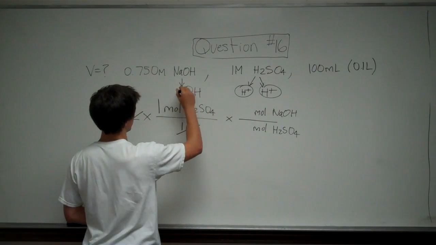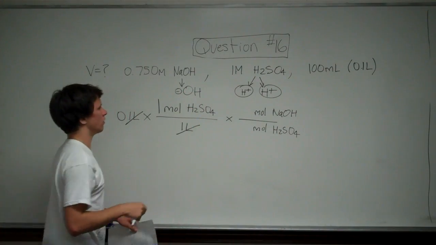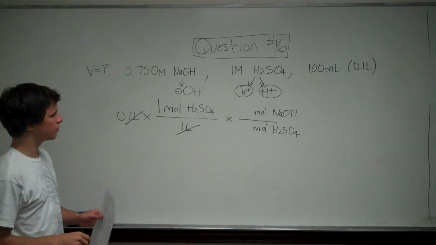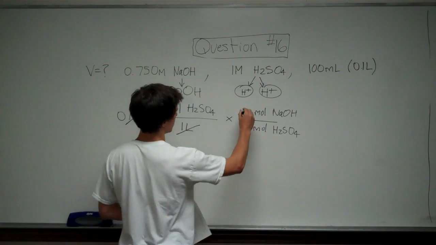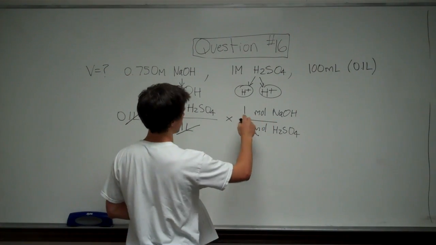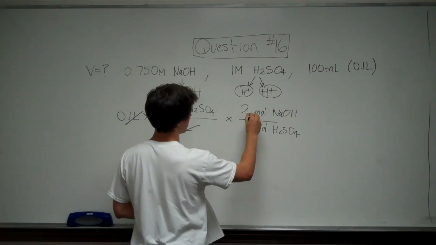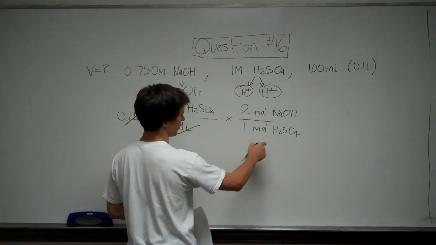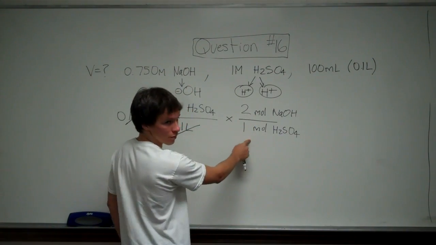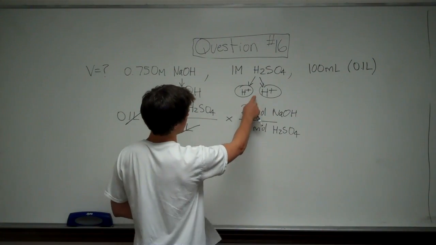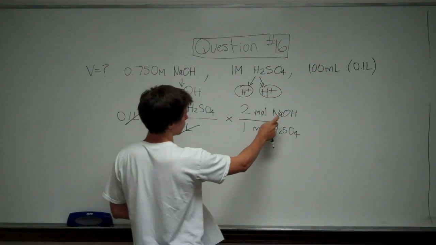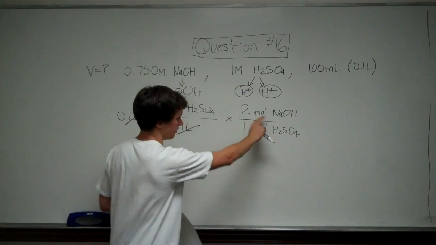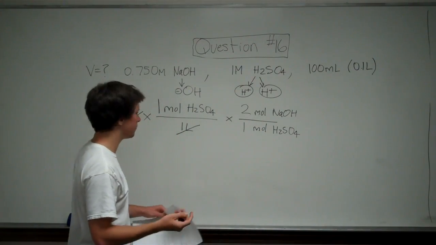So it's 1 OH. Okay? So where I'm going with this is that you need 2 moles of NaOH for every 1 mole of H2SO4. Because this 1 mole of H2SO4 is going to give 2 moles of hydrogens, which is going to match up with the 2 moles of hydroxides that the sodium hydroxide is going to give.